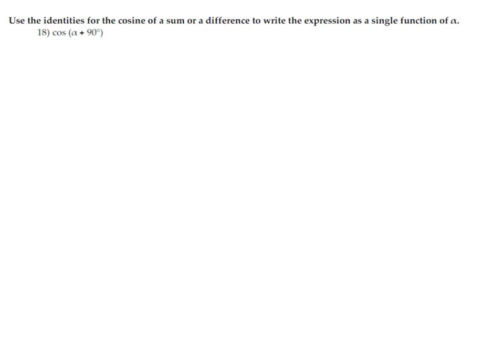Okay, use identities for cosine of a sum or a difference, write as a single function of alpha. There's only one identity to work with. It's cosine alpha plus beta equals cosine alpha, cosine beta, opposite symbol minus sine alpha, sine beta.